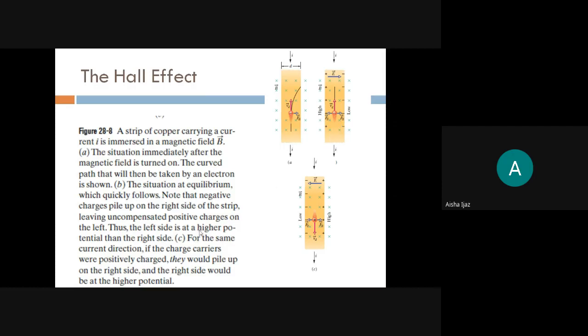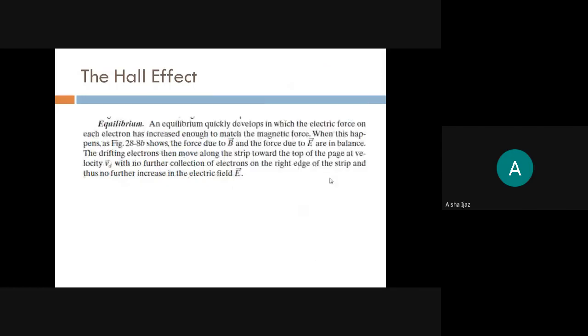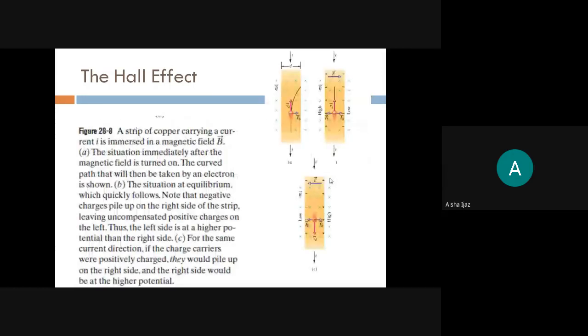Now you can see the left side is at the higher potential for figure B, while for figure C, the left side will be at the lower potential. This is for the proton, and that is for the electron. So this left side is at the higher potential, this is at the lower potential, and this is basically the inbuilt potential that is called the Hall voltage.